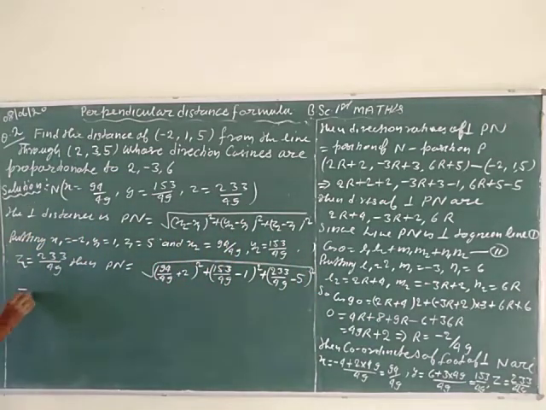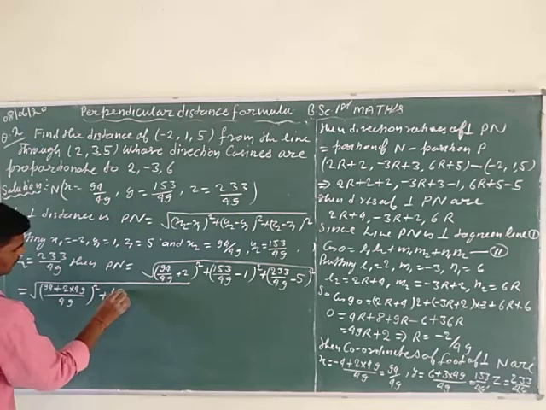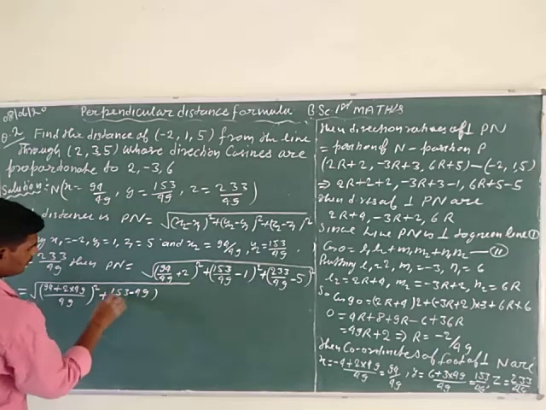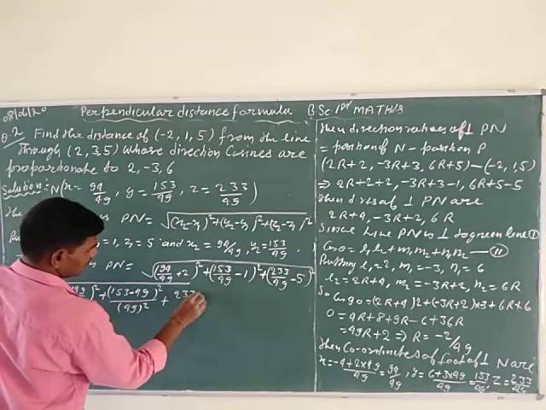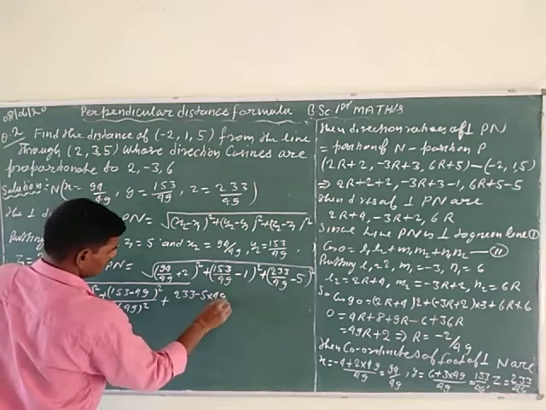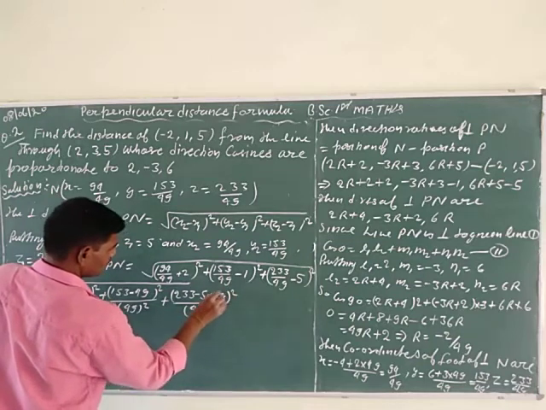Taking simplification of this equation, under root of 94 plus 2 into 49 divided by 49 whole square plus 153 minus 49 whole square by 49 whole square plus 233 minus 5 into 49 by 49 whole square, numerator and denominator separately.